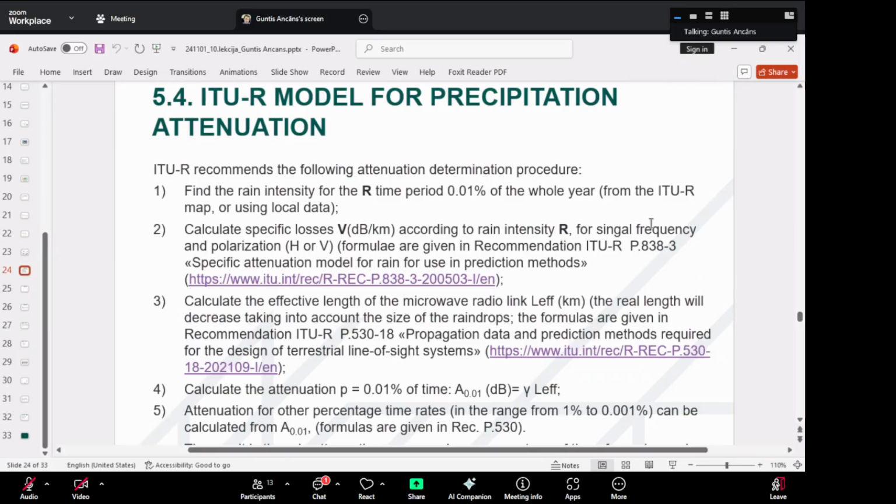Then calculate the effective length of the radio link, according to ITU recommendation P.530. Then calculate attenuation.